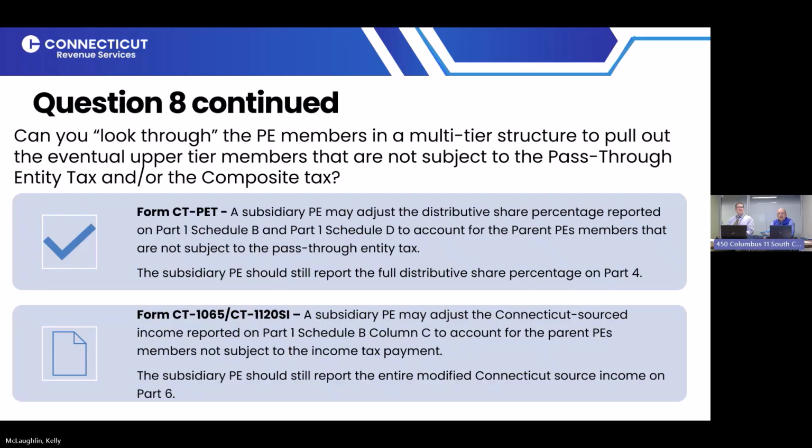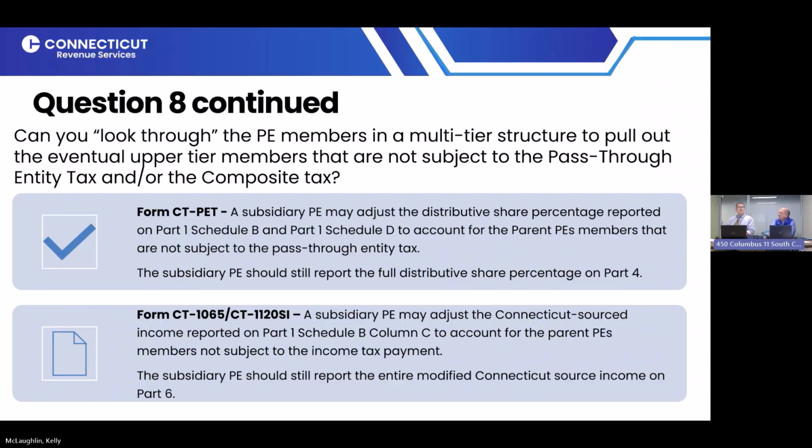Regarding the form CT-1065 or CT-1120SI, which is now the composite income tax return, the subsidiary PE may adjust the Connecticut sourced income reported on Part 1 Schedule B, Column C. This would account for the parent PE's members that are not subject to the income tax payment.